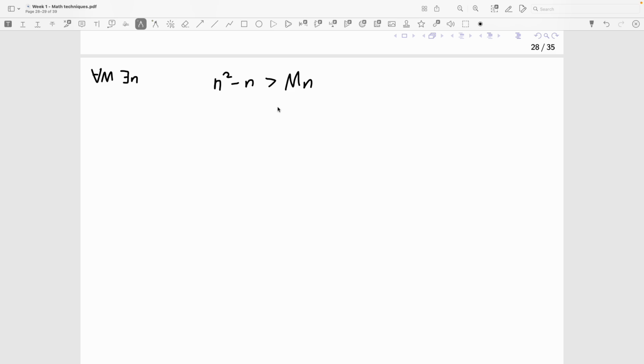In this case, we can make it quite simple, actually. All of these terms have n in them, so we could simplify the whole thing by just dividing both sides of the equation by n.